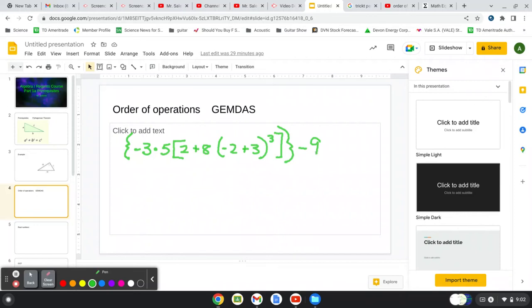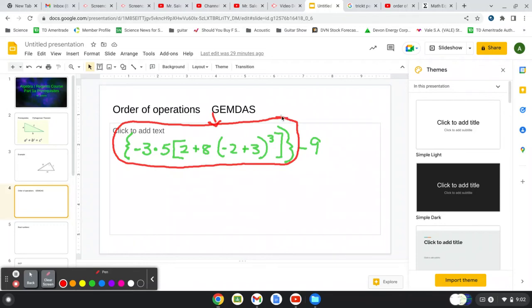Oh my goodness. Well, follow the rules carefully and see what you get. So pause the tape. Okay, so this could get messy. So let's put the red there. So remember, let's just concentrate on GEMDIS, or PEMDIS, whatever you want to call it. And we want to do everything within, everything here first. This is what we want to concentrate on.